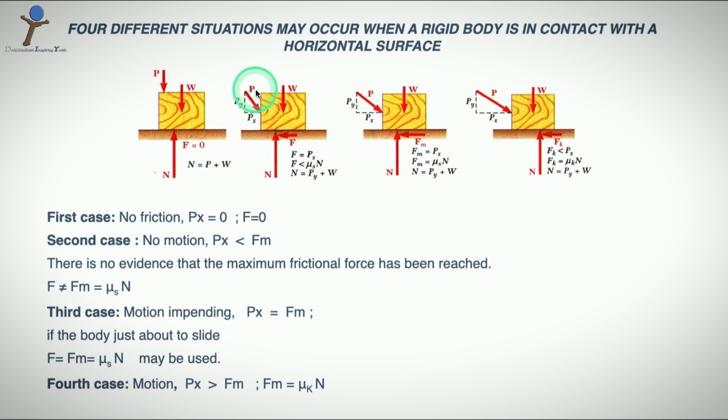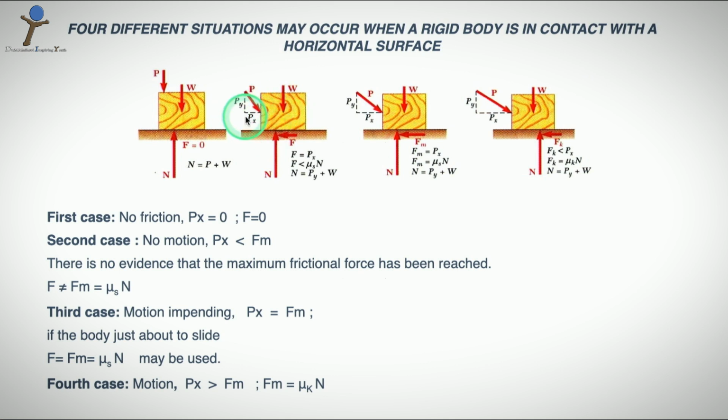Now, when P is resolved, the components Px and Py contribute to different actions. Px contributes in moving the body towards the right, and Py does not contribute to the motion of the body.